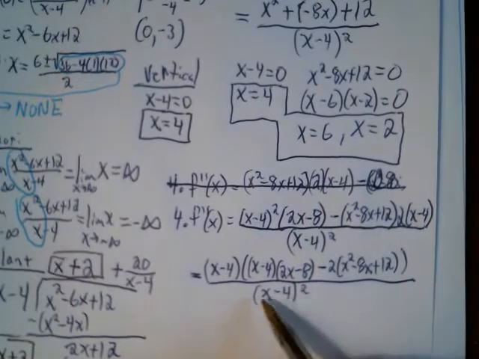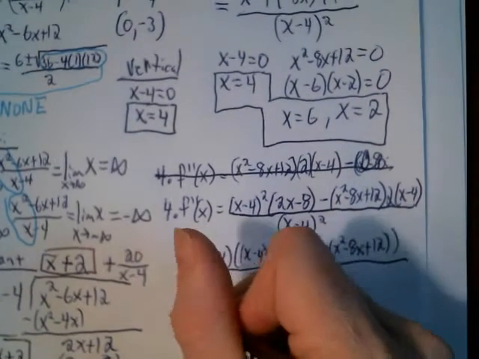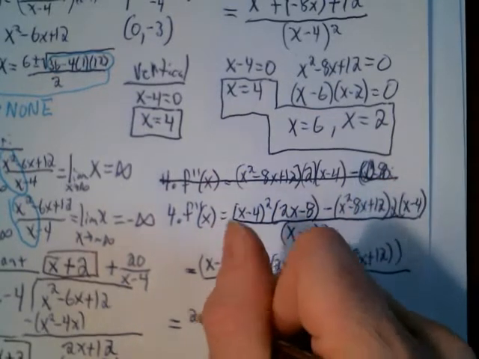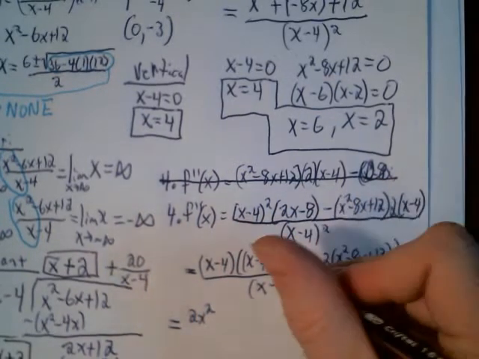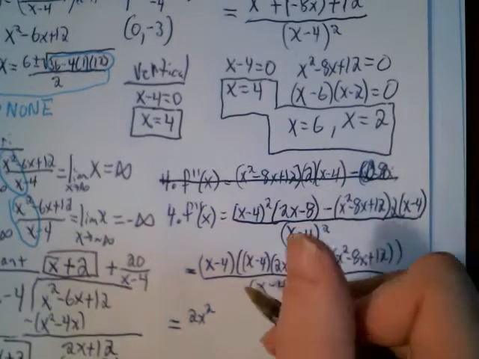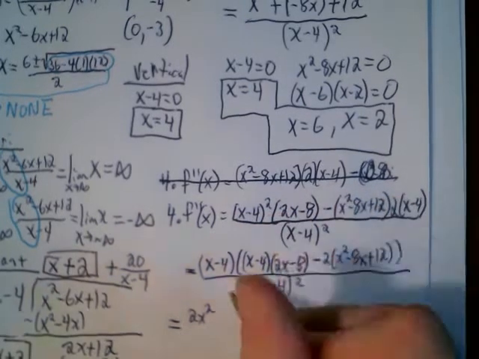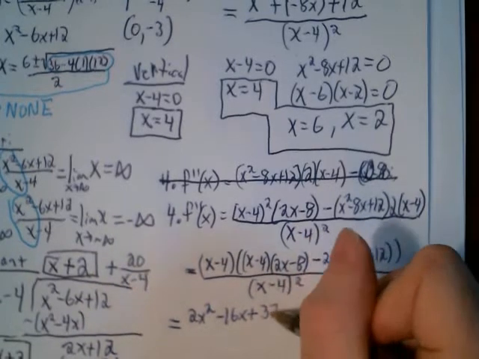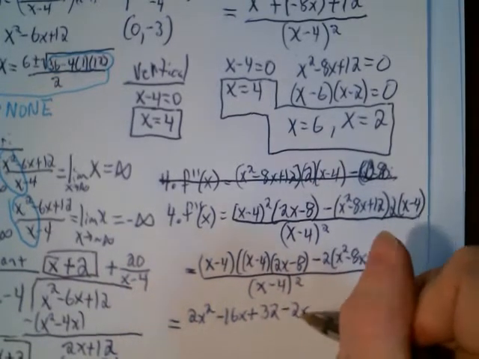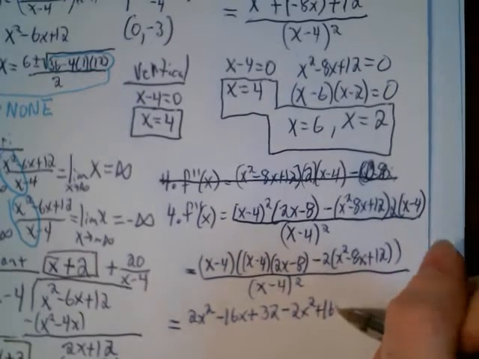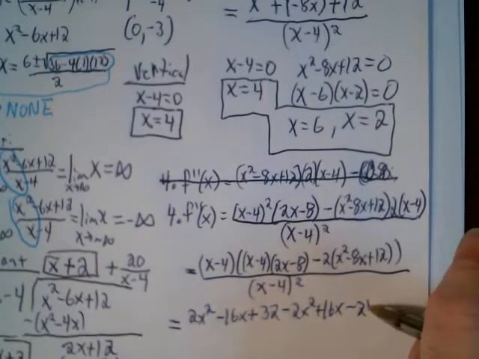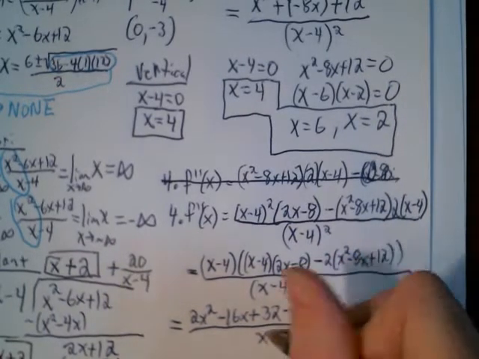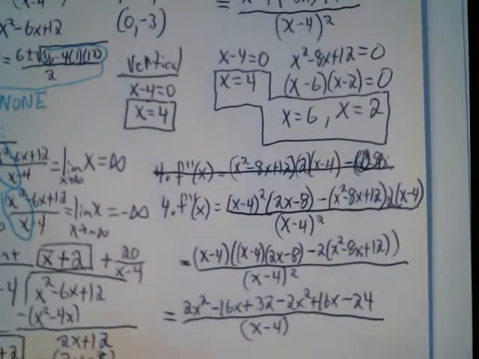So we can cancel out one factor of x minus 4. Then you just start FOILing. So I have 2x squared, this times this, and this times minus 8x, and then minus another 8x is minus 16x, plus 32, minus 2x squared, plus 16x, minus 24, all over x minus 4 to the first.